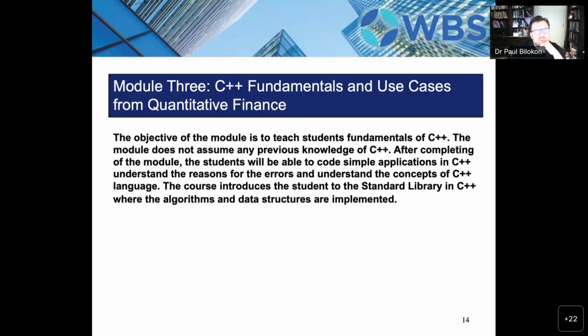A lot of pretty much everything that was built in finance, pretty much every derivatives pricing library, is also written in C++. Sometimes there is a Python interface, sometimes not. But knowing C++ makes you a serious developer.